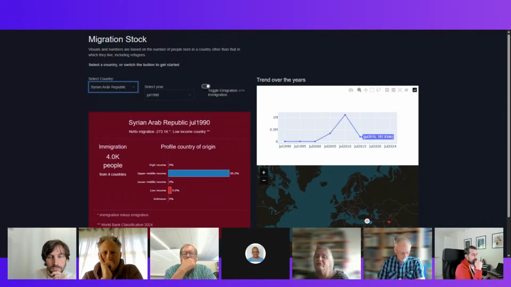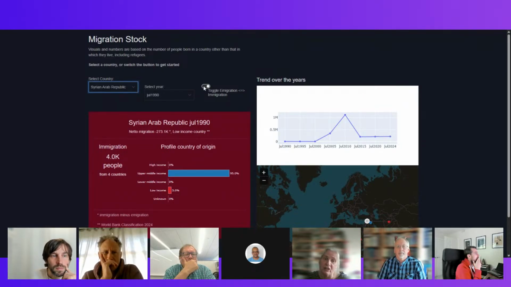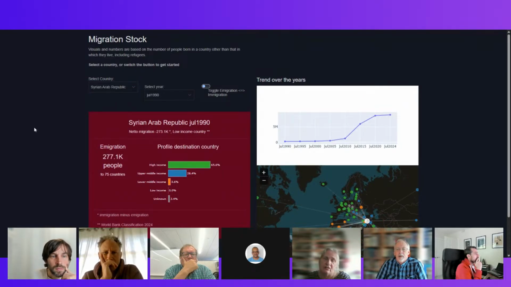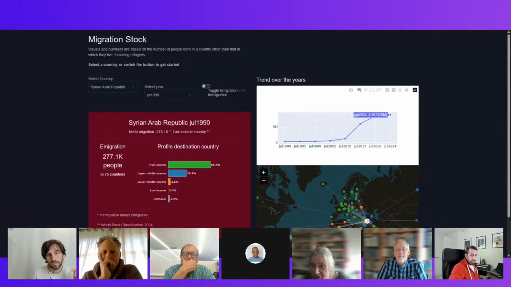And you can see foreigners living in Syria drop very much. And when you look at Syrians leaving Syria, you can see it has been very stable. And since 2010, it went up to, how much is it? 8 million. Almost 9.